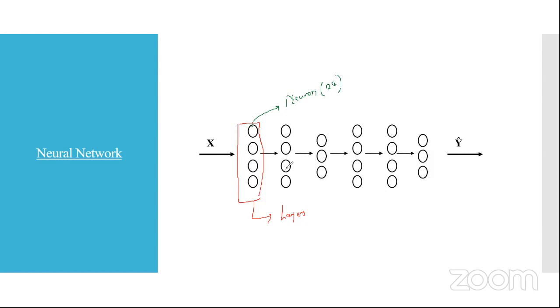For now, we are going to assume that all these neurons are connected to each and every neuron in the next immediate layer. You can say like this. So the single arrow specifies that all the neurons in the earlier layer are connected to all the neurons in the next immediate layer, right?